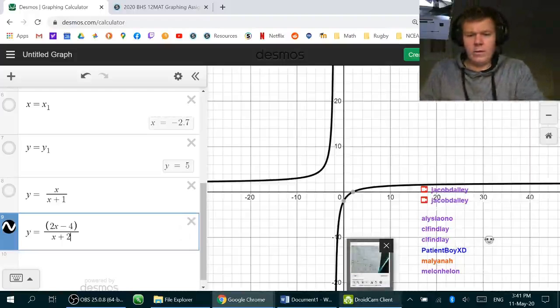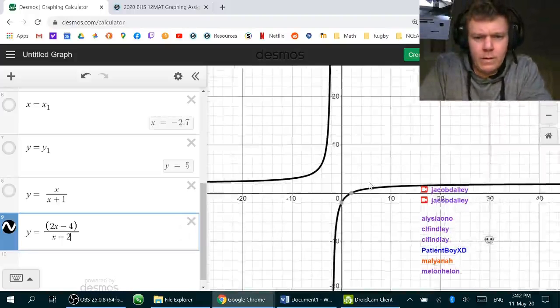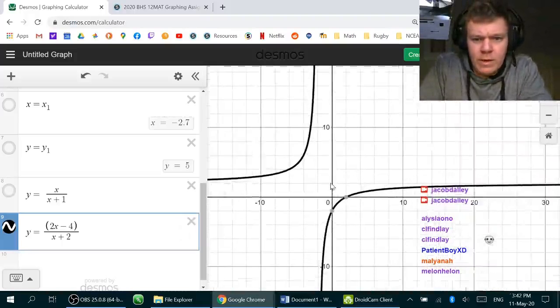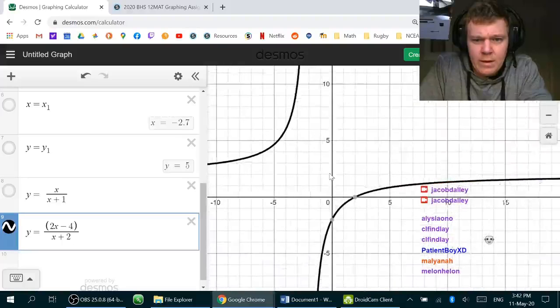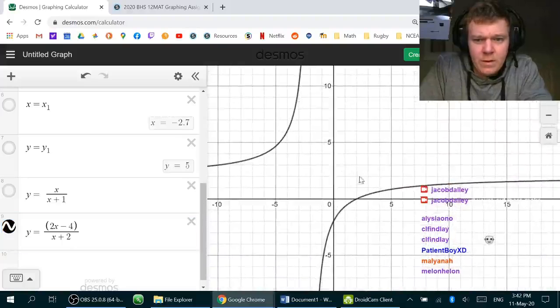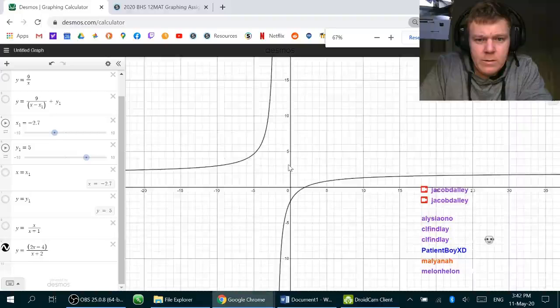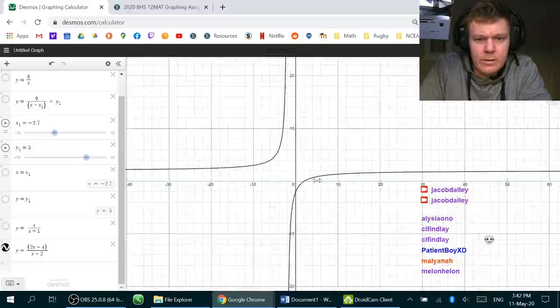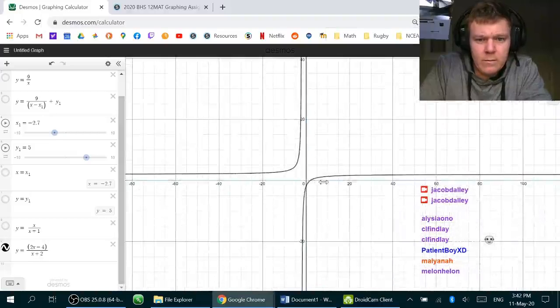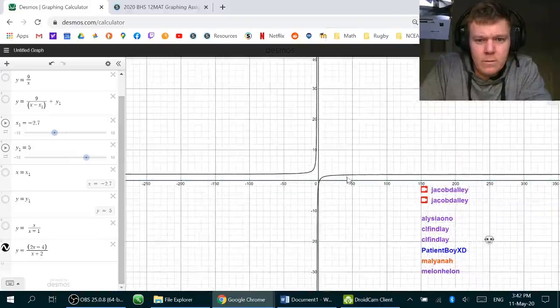Okay, so let's zoom in on what's going on here. So what it appears is that there is an asymptote at x equals 2. If we squished up our graph, then our asymptote is at 2.